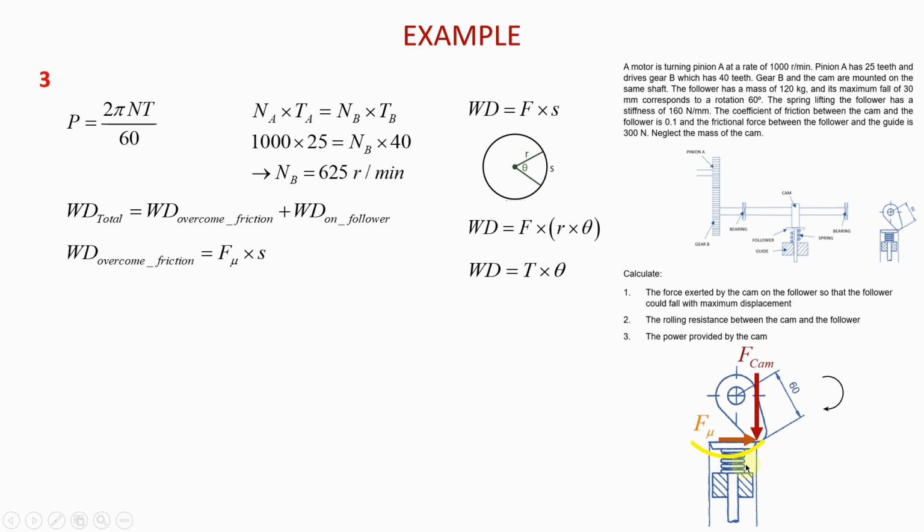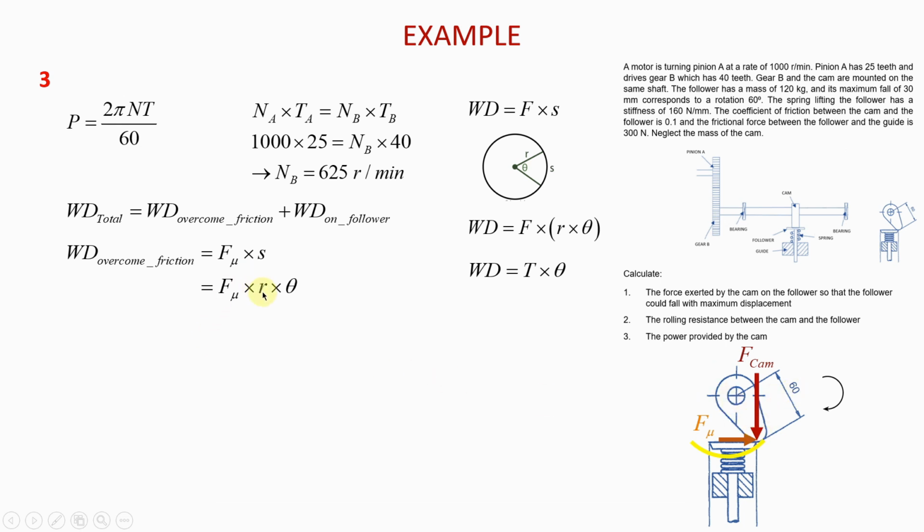Since it is an arc length, this is the appropriate equation to use. And R in this equation, if you think of this as the center of rotation, will be the radius that describes this circular path. So the radius is 60 millimeters.